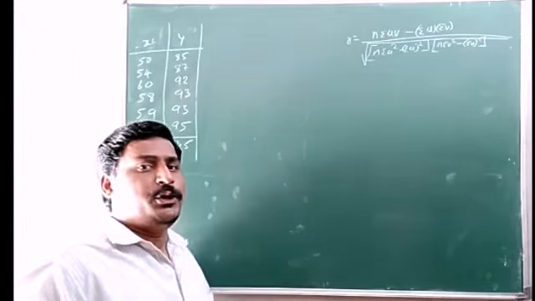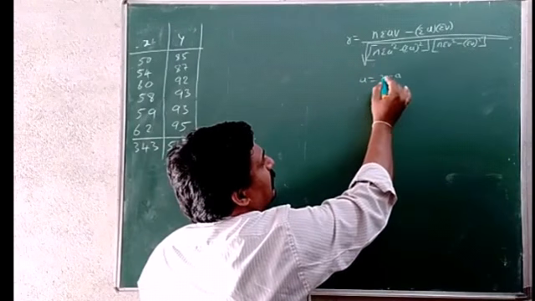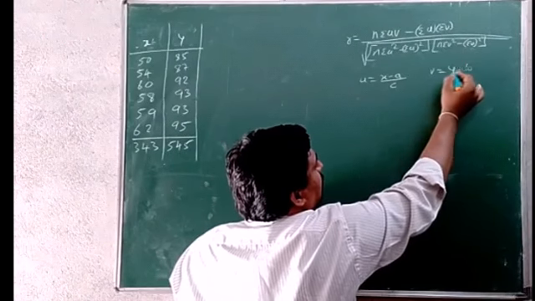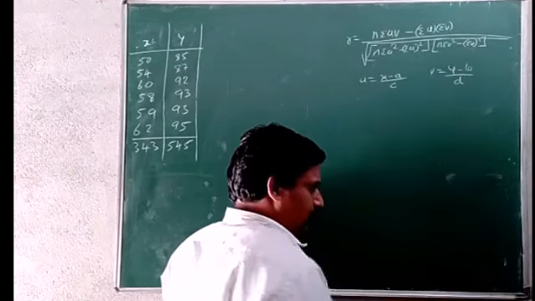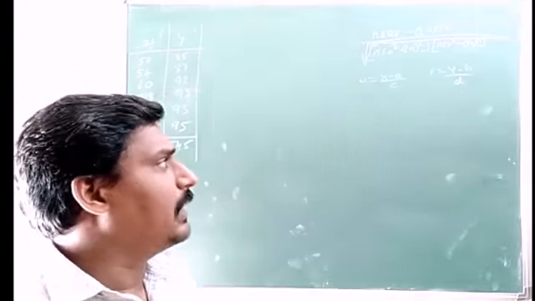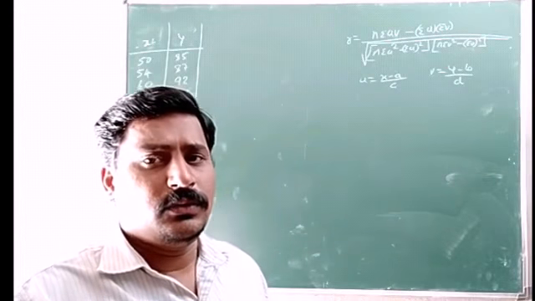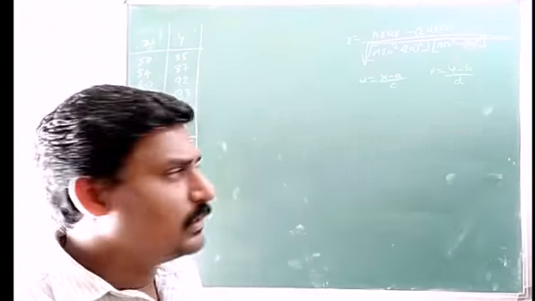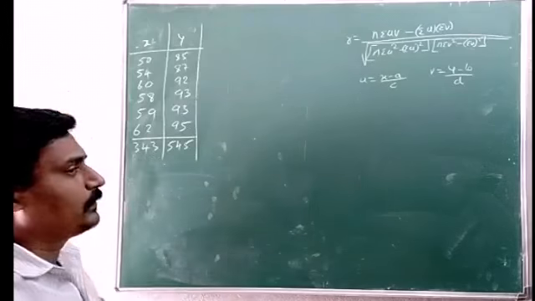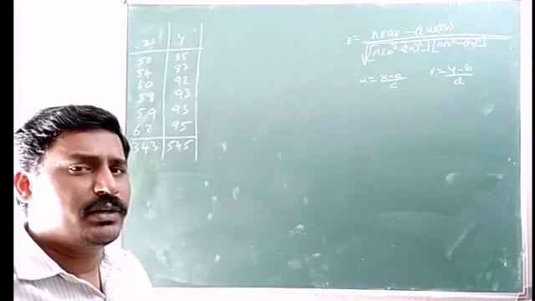So what are u and v here? So u is equal to x minus a divided by c, v is equal to y minus b divided by d. So C and D and A and B. So A is a constant value which we take from the x values here, which may be middle one or any other number, just to reduce the numbers.